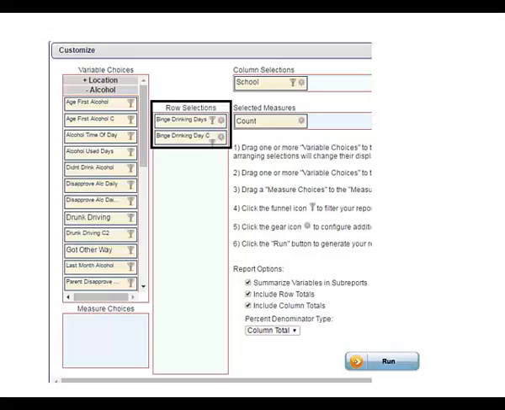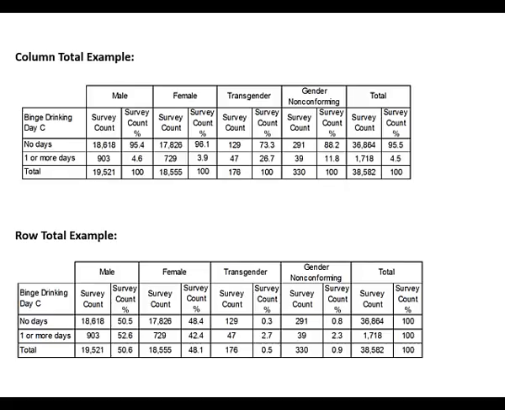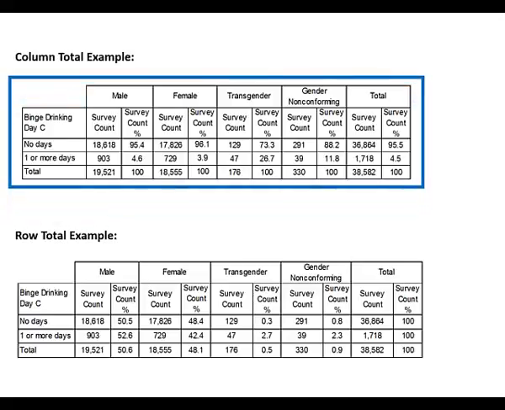Before we click Run and show the report, a short explanation of column total and row total under Report Options is provided. In this example, students answered about binge drinking with their results reported out by gender. Gender options were male, female, transgender, and gender nonconforming. The first table presents results by column total, that is, responses are shown within each gender.